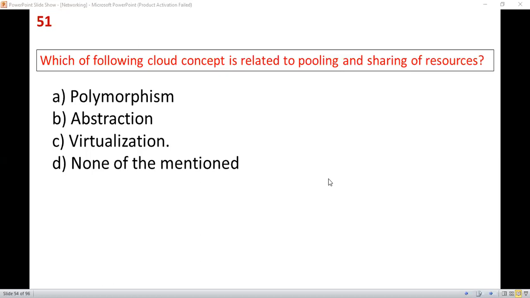Resources are shared, and through this type of computation it is possible to run applications and services on a common distributed network. And if we are saying abstraction is one of the critical concepts of cloud computing, the answer for this question will be virtualization.